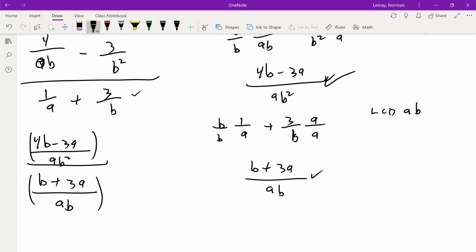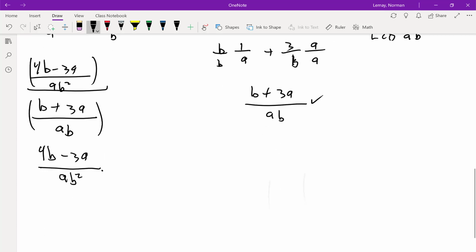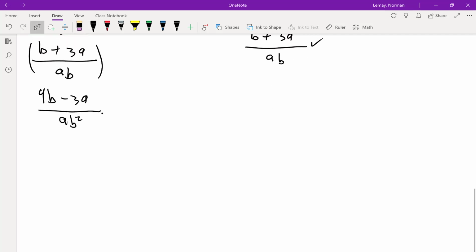So now this becomes 4B minus 3A all over AB squared times AB over B plus 3A. Okay, so A cancels with A, and this B gets rid of that B squared.